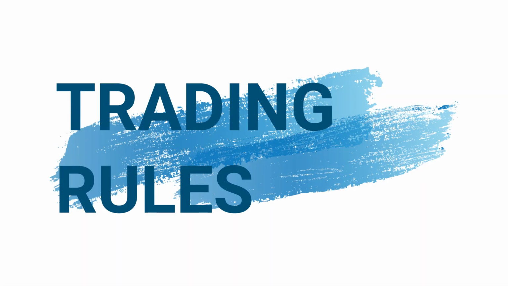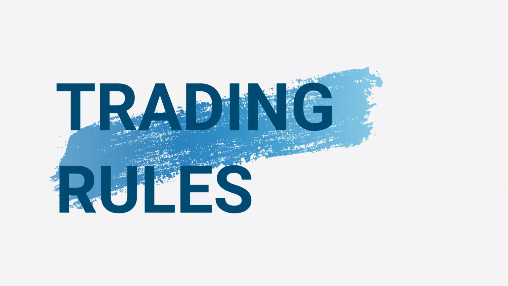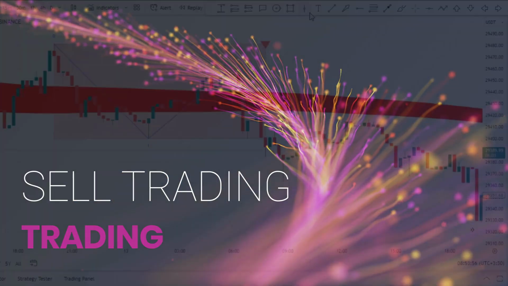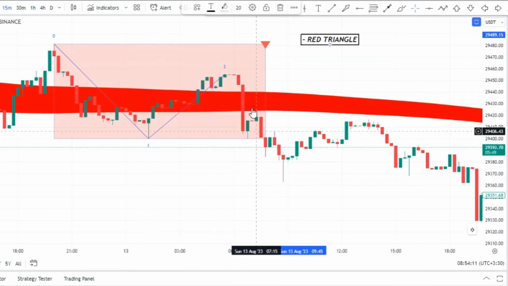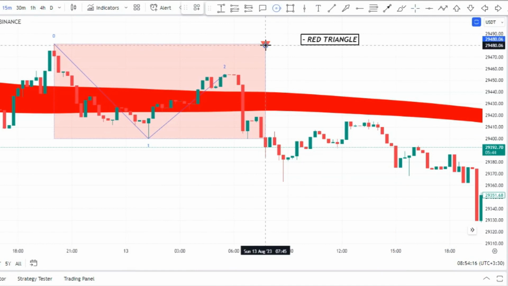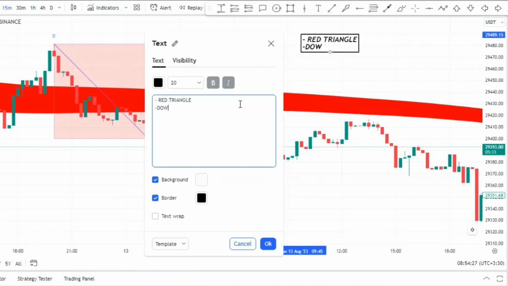So, if we combine all these conditions together, the entry rules for trading will be as follows. For entering a sell position, first we need a confirmation from the third wave indicator for a sell signal. After that, we should be confident in a downward trend.